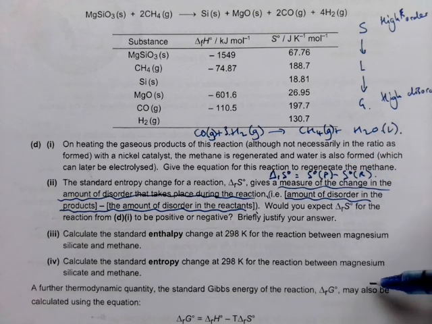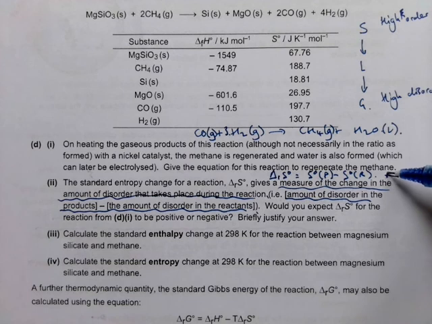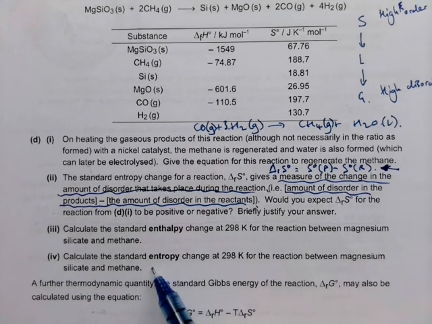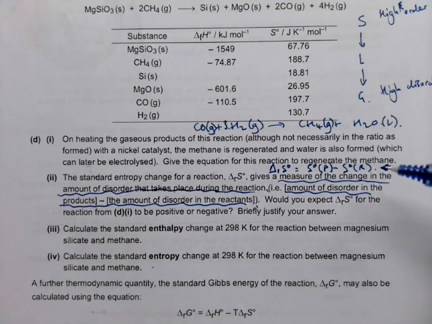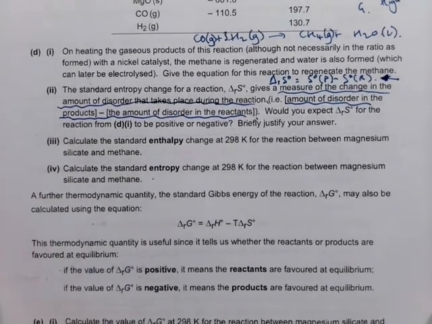Even though we don't know anything about this, we're told how to do it. Just as you'll remember from the organic, it's the same thing. It tells you something new, and then you have to use it. So you should be able to do that as well using that equation. So probably have a go at those, and then just check your answers. Make sure you've got the maths right for those.